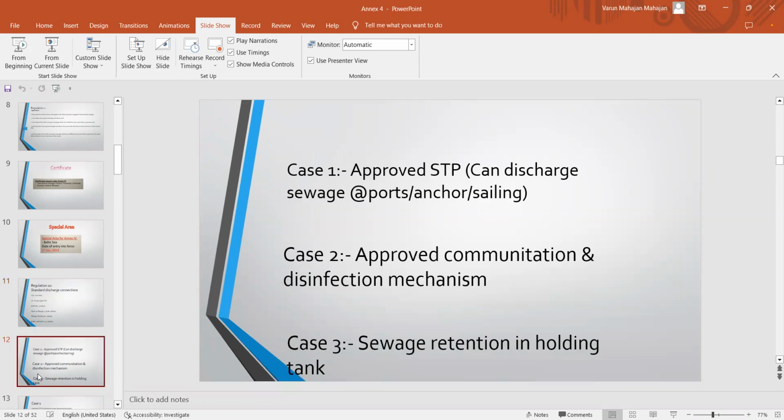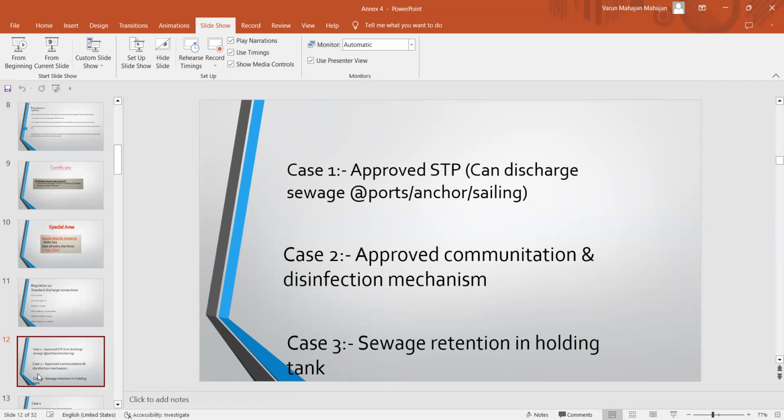So in this particular annex, we have three types of system. The first one is STP. If you have an STP on board, can you discharge your sewage anywhere? Yes, sir. With an approved STP, we can discharge as per local regulation. Yes, very good.